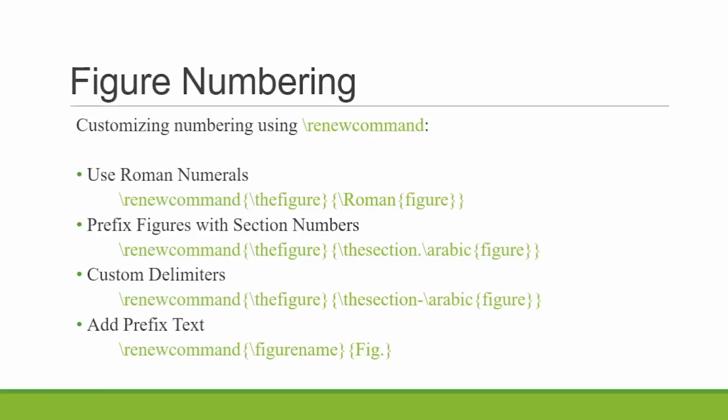Use Roman numerals. This command is used to display figure numbers as Roman numerals. Prefix figures with section numbers. This command is used to include section numbers in figure numbering. Example, say figure 2.3 for the third figure in section 2.